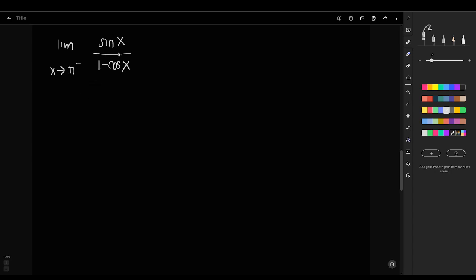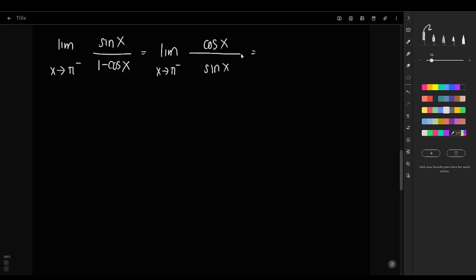But anyway, let's apply the L'Hospital rule here first. This gives you the limit as x approaches pi from the negative side of cosine of x over sine of x, because the derivative of 1 is 0.